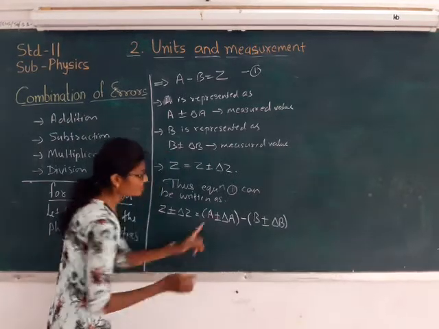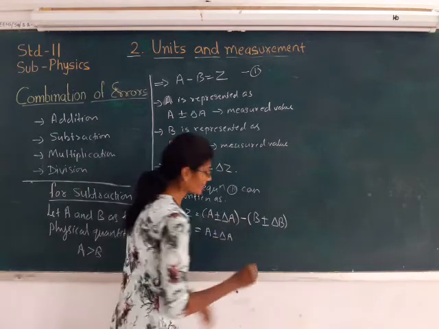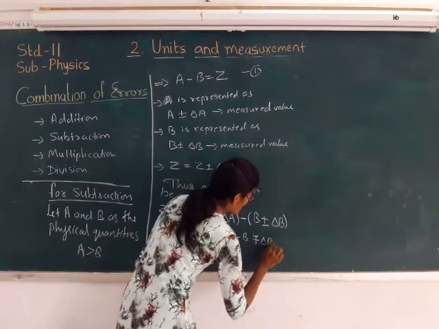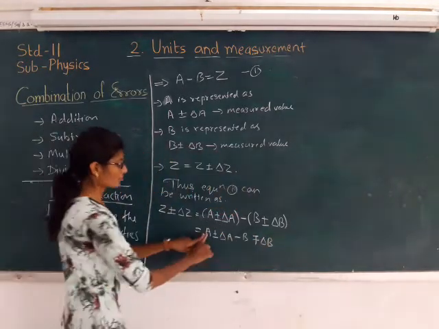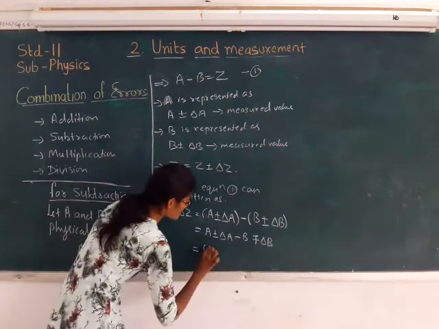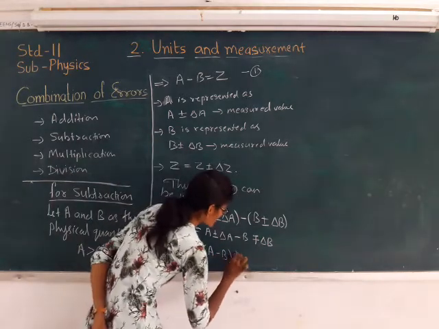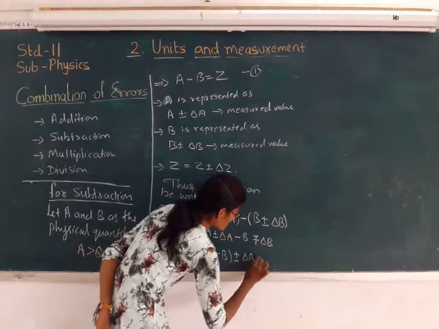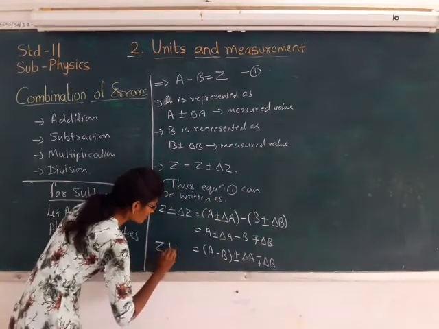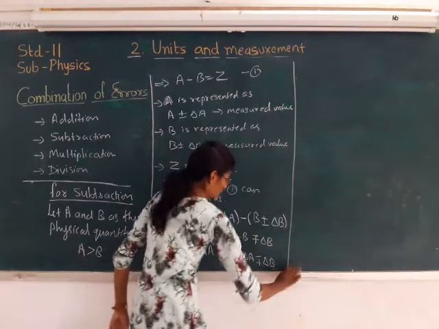So opening up this bracket, what I get is A plus minus delta A minus B minus plus delta B, right? So this I can split in the form, first I need the physical quantities A and B in subtraction, that is A minus B. Then I can write it like this, plus minus delta A minus plus delta B. Okay.